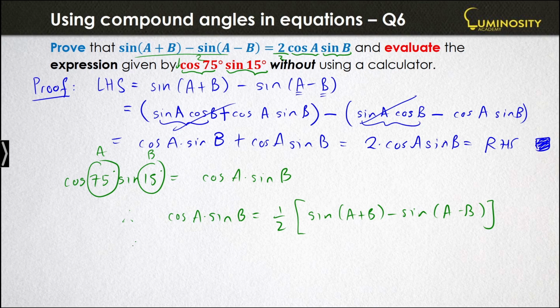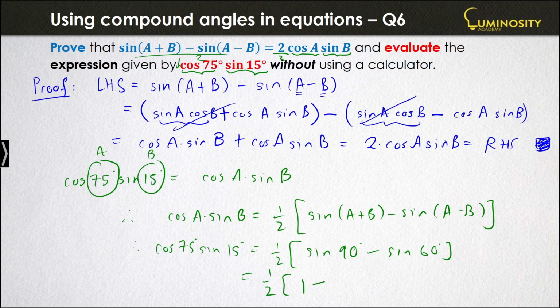So if I just plug that in, cos of 75 degrees times the sine of 15 degrees is a half times the sine of 75 plus 15, that's 90 degrees, minus the sine of A minus B, 75 minus 15, that is 60 degrees. Those are special angles. Sine of 90 degrees is 1, and sine of 60 degrees is root 3 over 2.